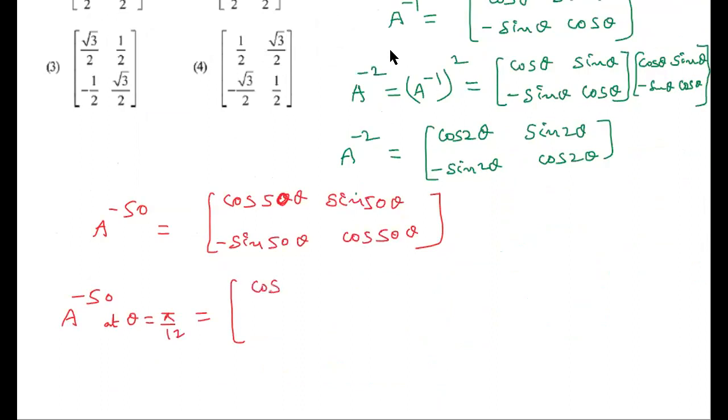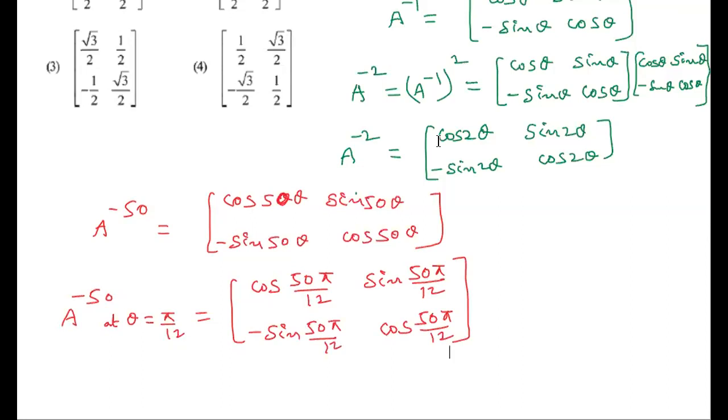We get cos 50 pi by 12, sin 50 pi by 12, minus sin 50 pi by 12, cos 50 pi by 12.